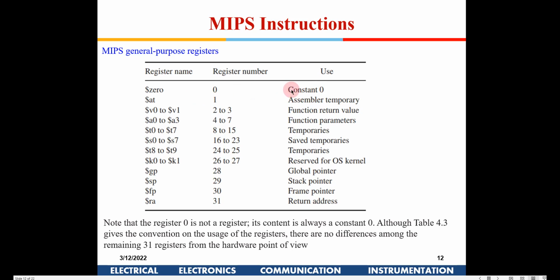Some of the other registers we can use for our normal programming, whereas the last 4 are specified for specific purposes. The rest are reserved for the operating system, whereas these registers we can use. Register number 31 is for the return address.